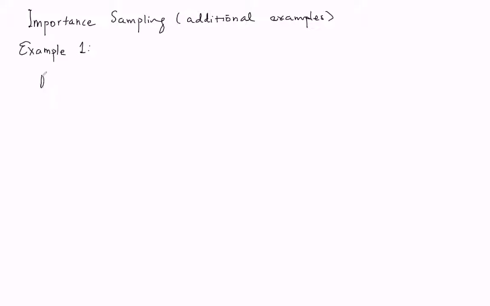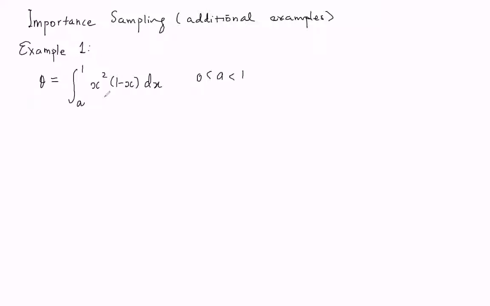Let's suppose we want to integrate the following. All right, so this is a tail probability. So basically you want to integrate this, a is some value between 0 and 1, right?